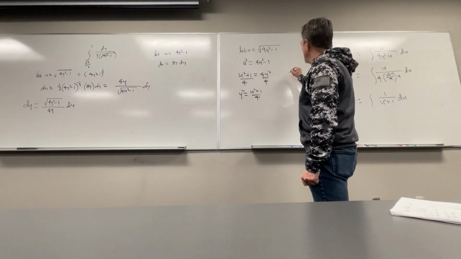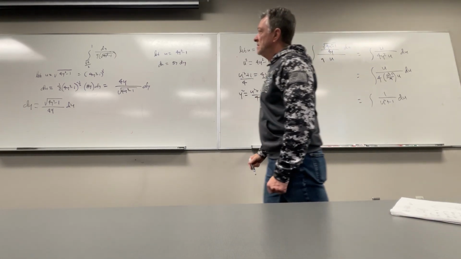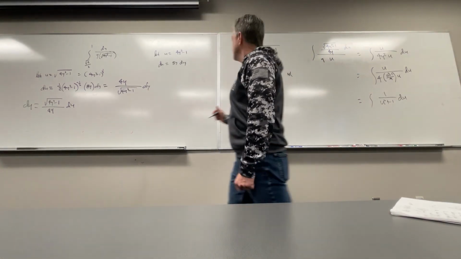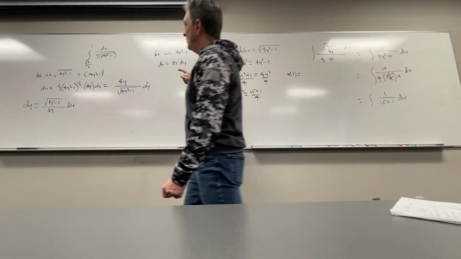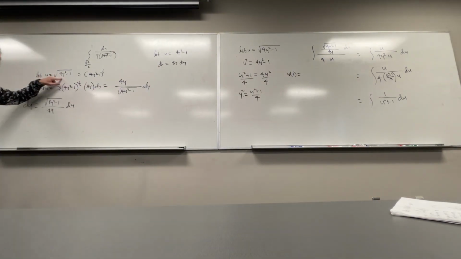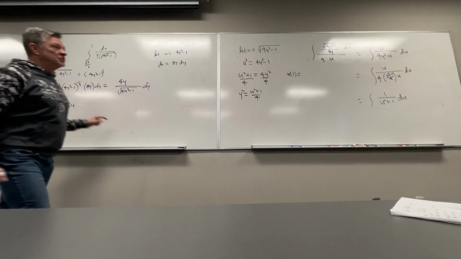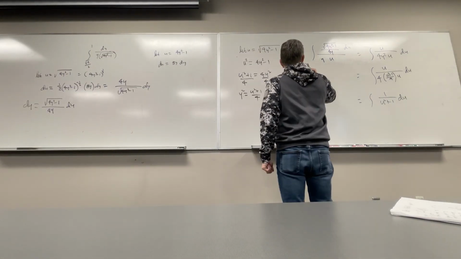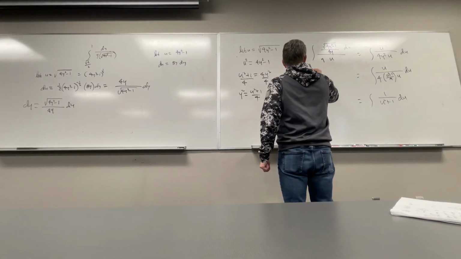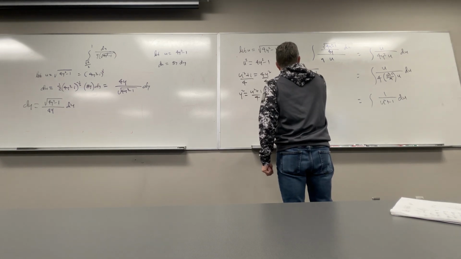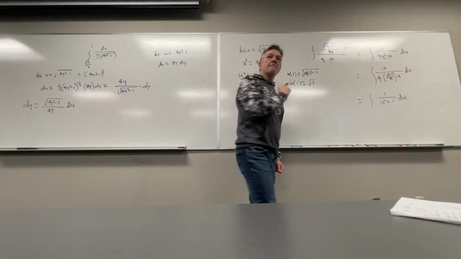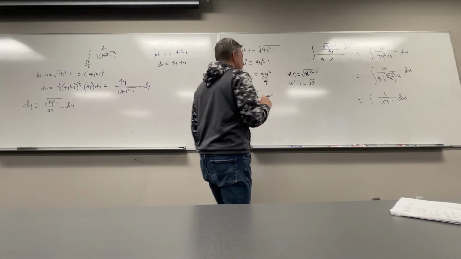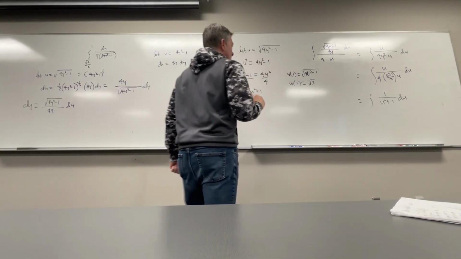Okay, so u of 1 will be, so now u was the square root of 4 over y squared minus 1, right? So u of 1 will be the square root of 4 times 1 squared minus 1. So u of 1 is going to be the square root of 3, right? And then u of the square root of 2 over 2.